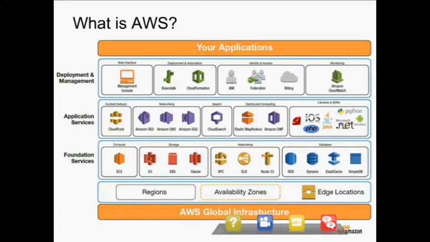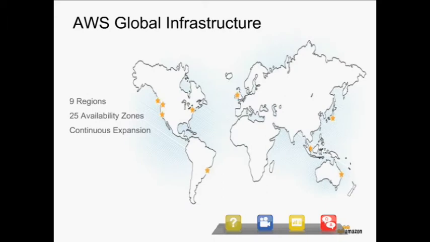So I spoke about the global infrastructure that all of these are sitting on top of, and it really is a very big and large global footprint. As you can see, our global footprint spans 5 different continents, and it is comprised of 9 different regions. And that's a somewhat specific term for AWS. What we mean by a region is a collection of highly redundant data centers that are in a particular geographic area.